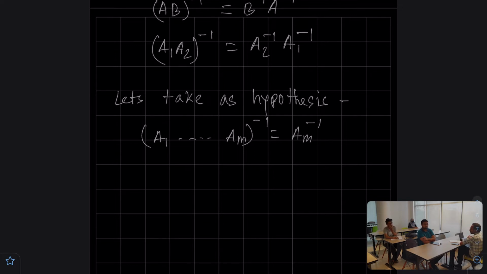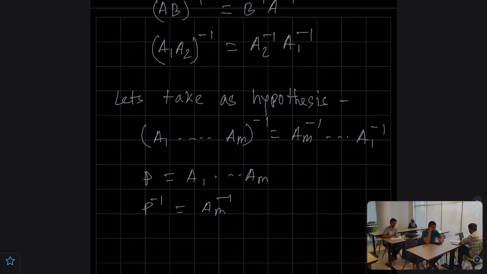Then I can define A1 to Am as a matrix P. So P will be A1 ... Am, right? And P inverse is simply Am inverse ... A1 inverse.